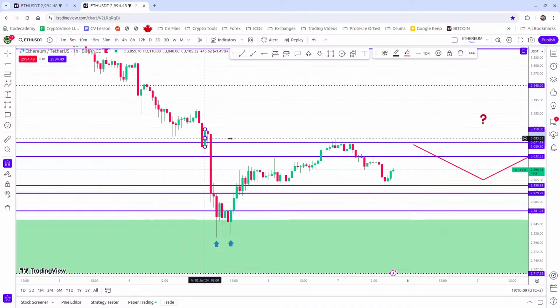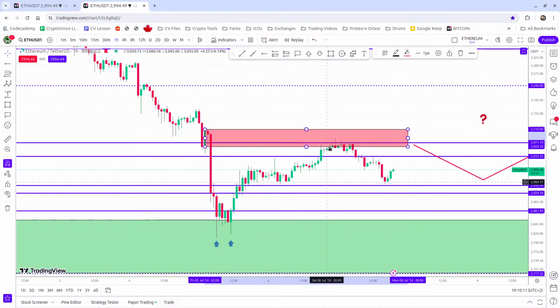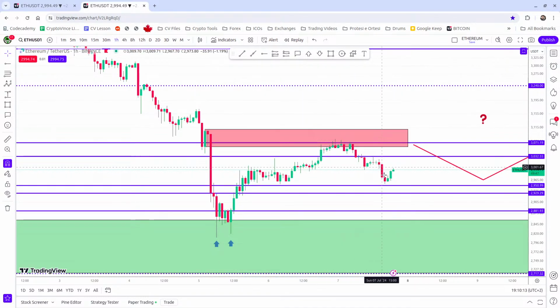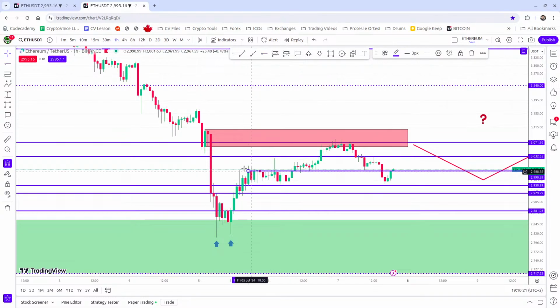And the price hit that level and got rejected, so it didn't break the market structure. It just broke market structure locally because it made a higher high. If we consider this as a swing high, it actually broke that level, touched that here, retested, went back up, and now it's dropping.